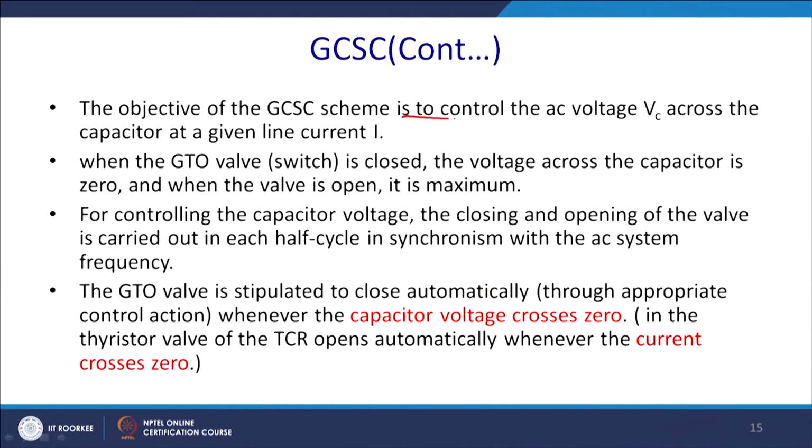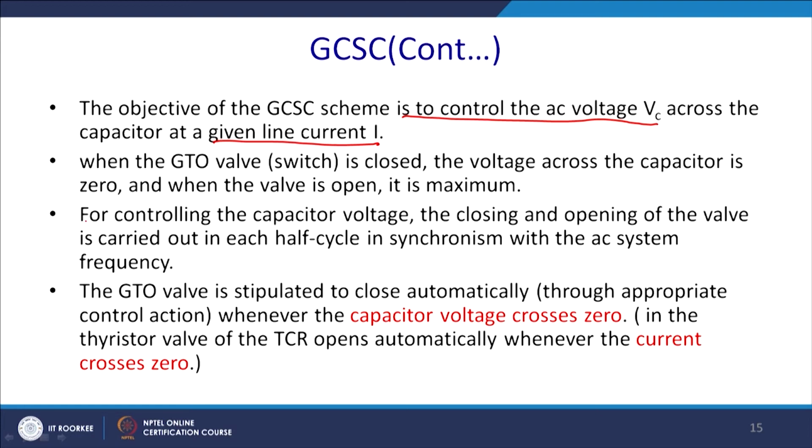The objective of the GCSC scheme is to control the AC voltage VCC across the capacitor at a given line current I. When the GTO or the high rating IGBT valve is closed, the voltage across the capacitor is 0, as I was telling, and when the valve is open it is maximum.